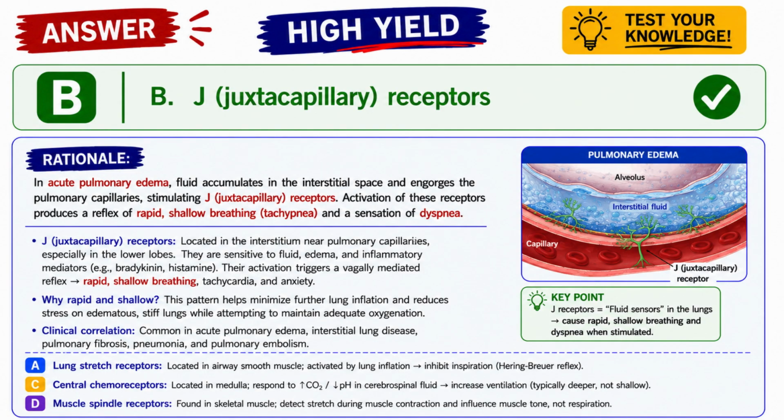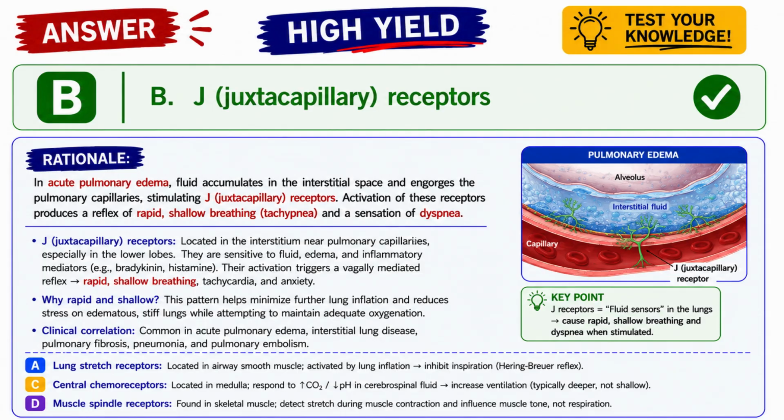J receptors. Here's why. J receptors, juxtacapillary receptors, are located in the alveolar walls, in close proximity to the pulmonary capillaries. They are specifically sensitive to pulmonary capillary engorgement, increased interstitial fluid, inflammatory mediators in the alveolar wall.